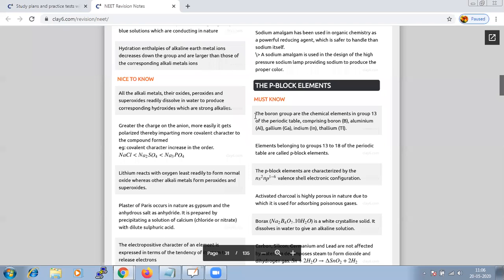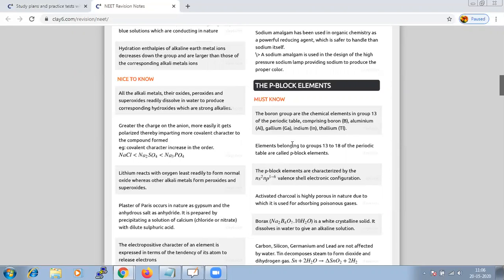So when we say which elements belong to the P block, the boron group are the chemical elements in group 13 of the periodic table, which we have as boron, aluminium, gallium, indium, thallium. All these elements belong to the P block elements.